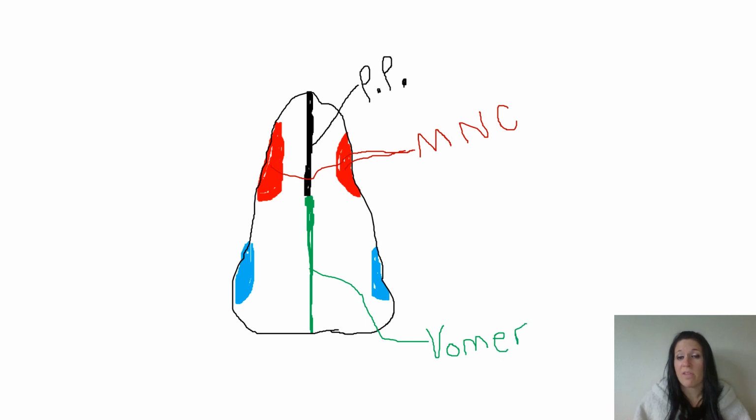And then the lateral masses on the bottom are the inferior nasal concha, and these are their own bones. The middle concha are part of the ethmoid bone, and the inferior nasal concha are their own bones.